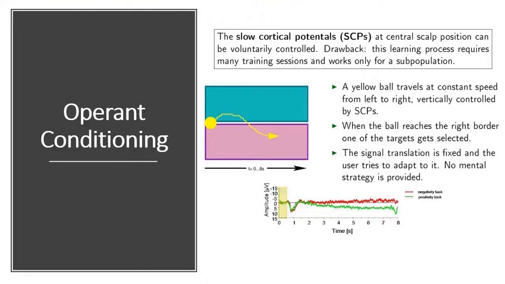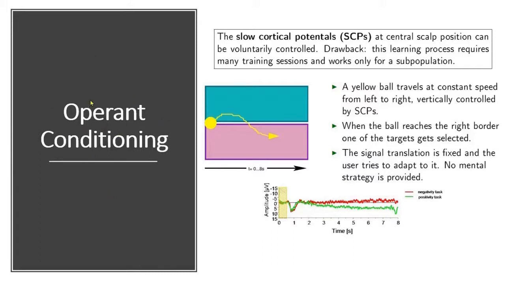Let's take a look at one of the examples of endogenous experimental paradigm. In endogenous, we said the subjects can generate brain signals independent of external stimuli, and they are considered an induced response. One of the earlier examples of BCI, brain-machine interface or brain-computer interface, depended on the so-called operant conditioning paradigm.